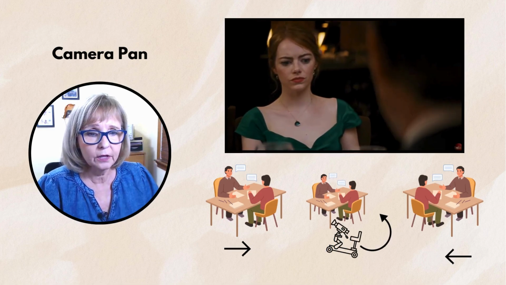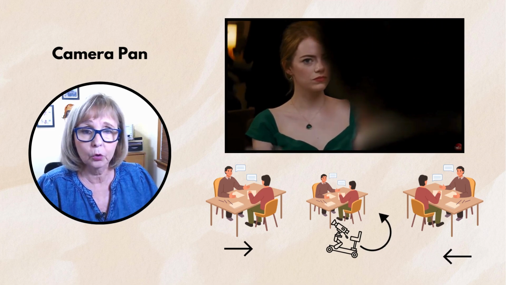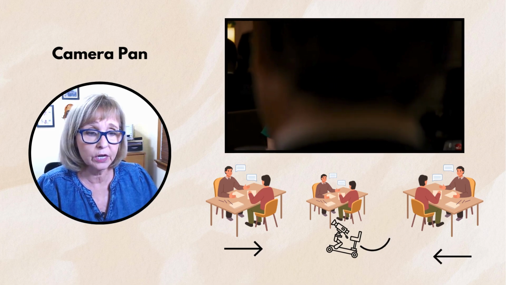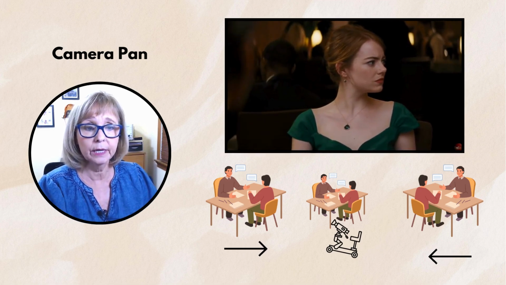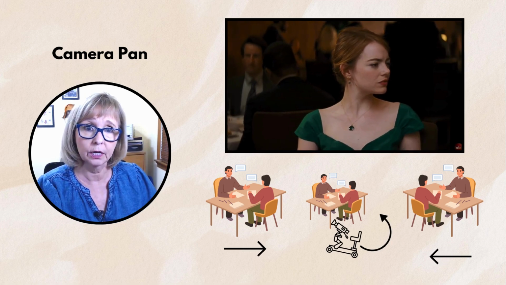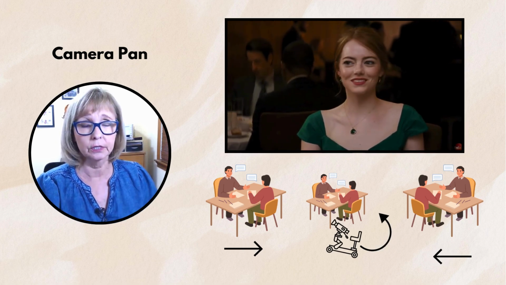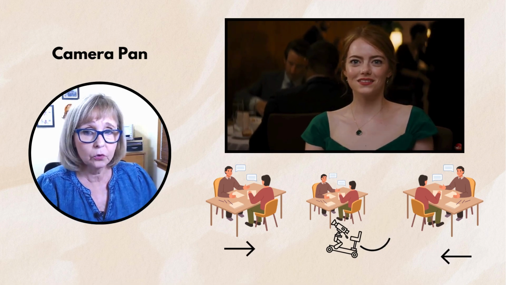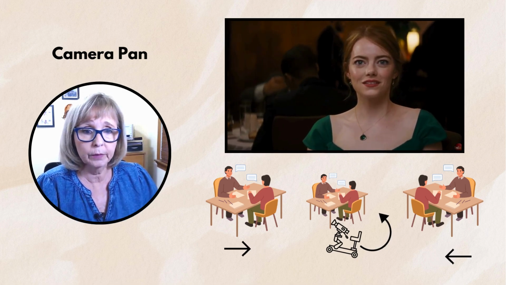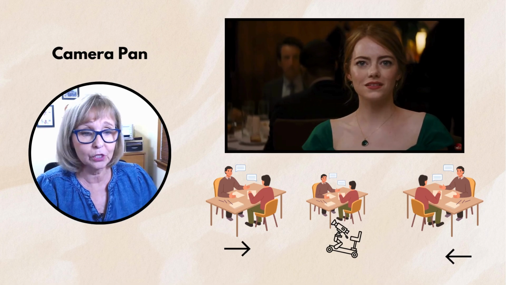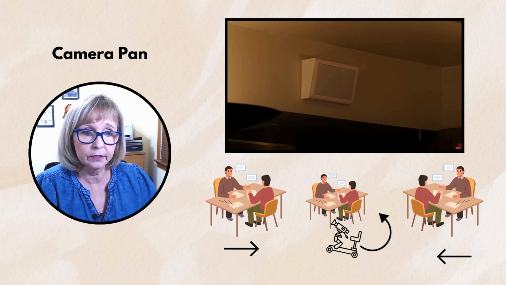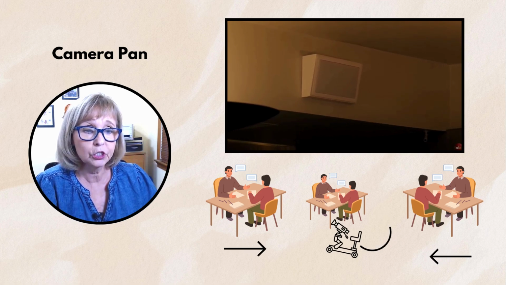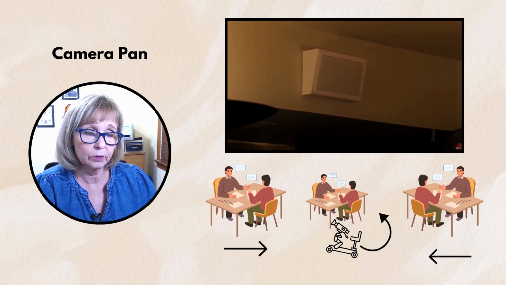Okay, and this is another example of the camera crossing the line, but in this situation, the camera is going to be panning around the subject to cross the line instead of the subject crossing the line in the shot. So in this shot here from La La Land, this is Emma Stone, we see that the camera starts on the left side of the frame where she's looking camera right to the guy.